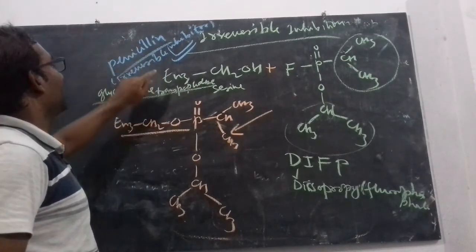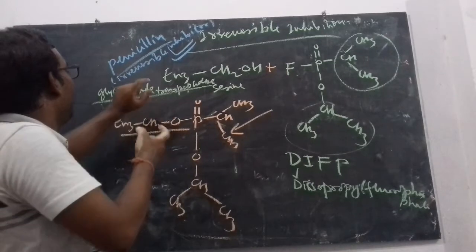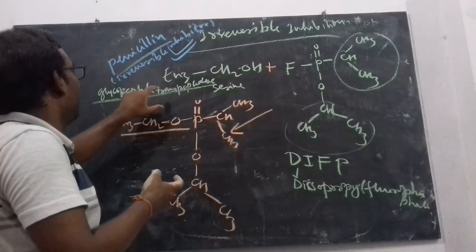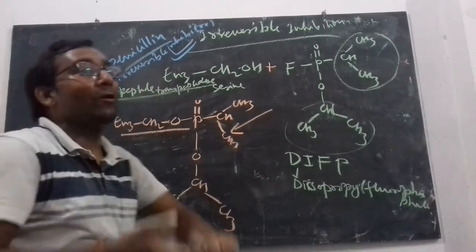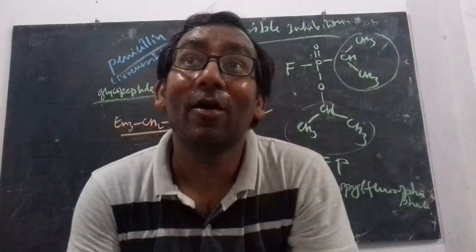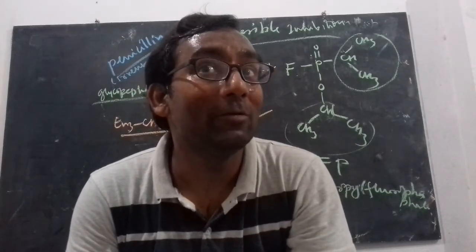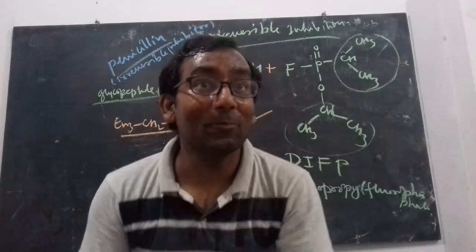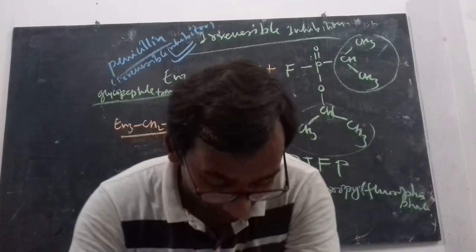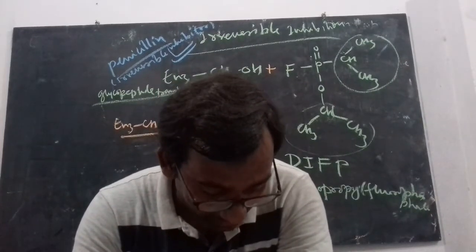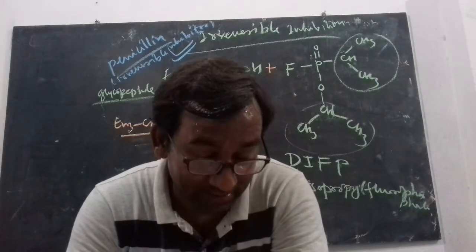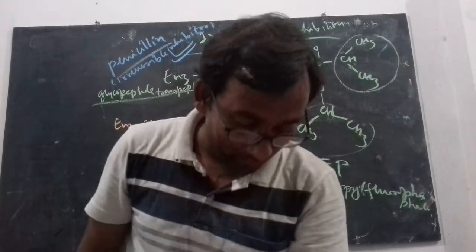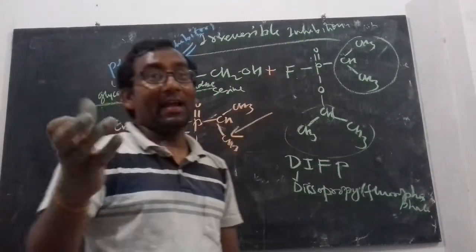Now, if penicillin goes and binds covalently and irreversibly to this enzyme, what will happen? Cross-linking will not be possible, and then the cell wall will not be formed properly. And if bacterial cell wall synthesis is blocked, then what will happen? It will go through osmotic lysis and the bacteria will die.